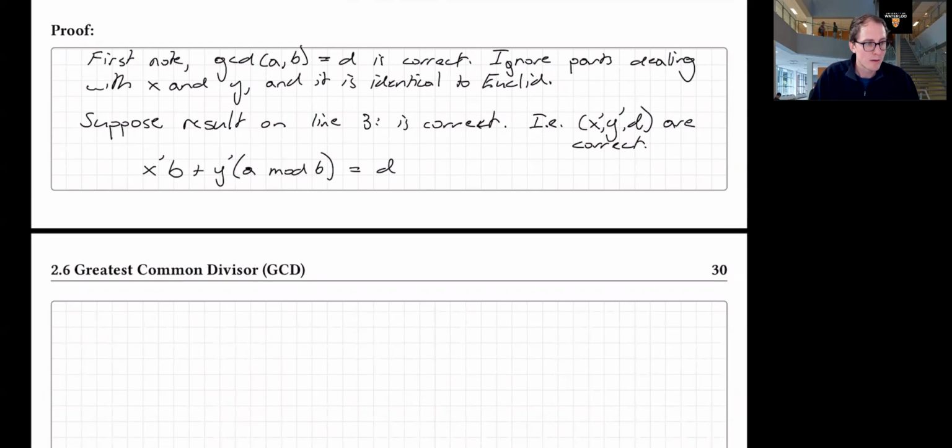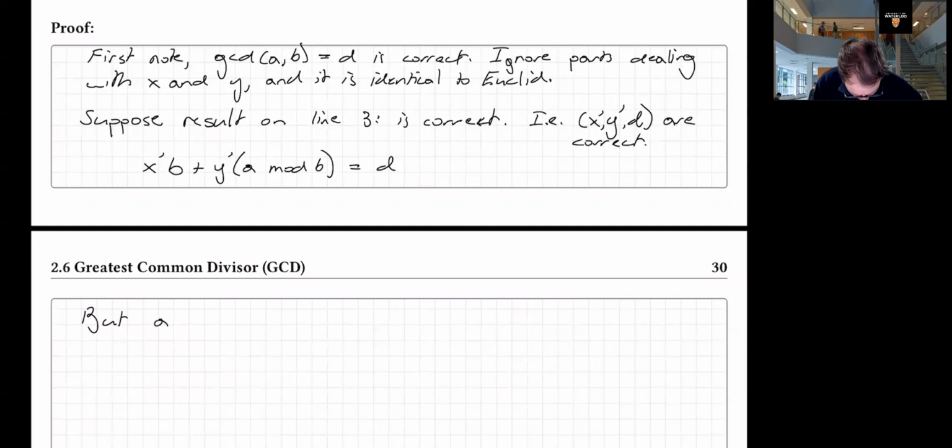So now, but recall that A mod B is equal to A minus the floor of A over B times B. And so I can replace this here with this expression.